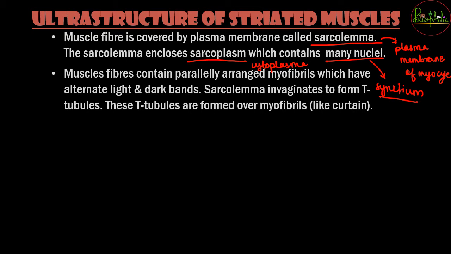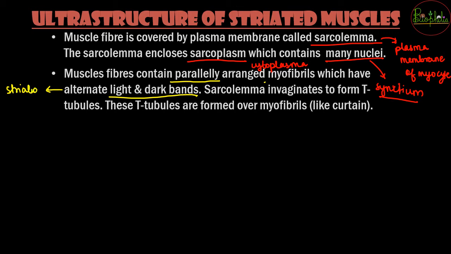So the other structures that you need to see, that the muscle fibers are arranged in a parallel fashion. हमने ये structure में भी देखा था, and these are going to have alternate light and dark bands. And what do you call these alternate light and dark bands? You call them striations. Right? You have heard this term just now, we had discussed.